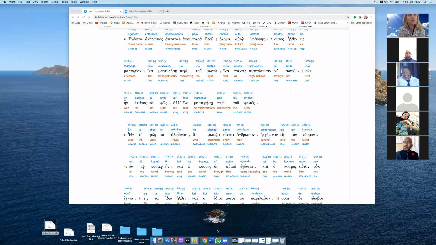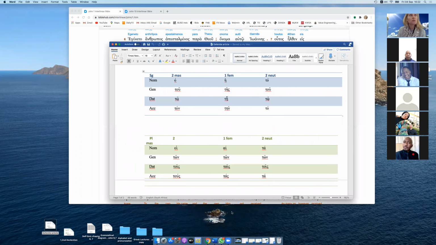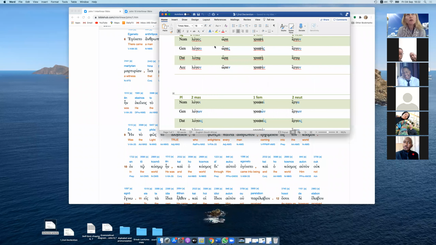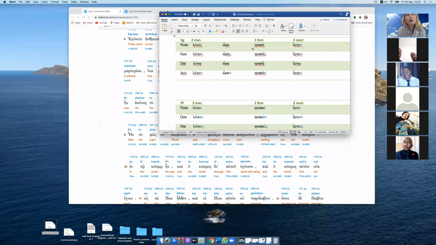And then you have declensions. You see that the article will be before, and this is hora, hour, graphe, the scripture, ergon, work, and then in plural, works.